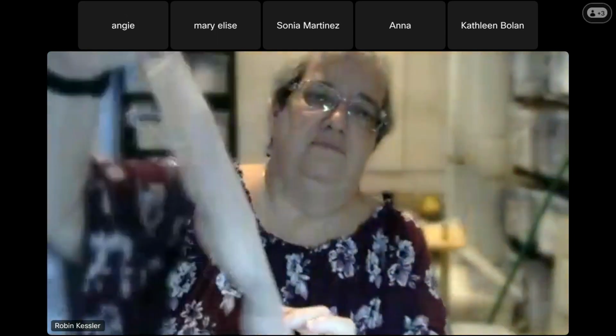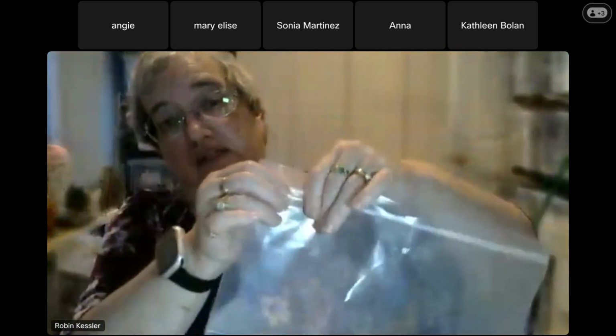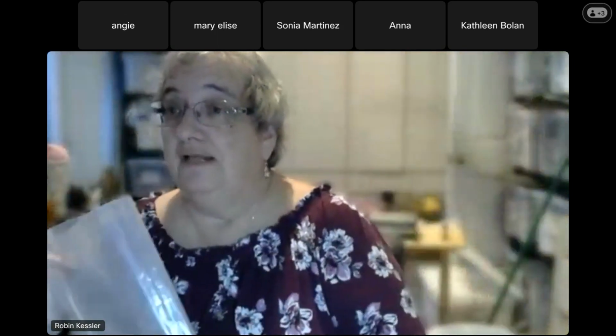This is what I keep the 1 kgs in. It's 4 mils thick. It's a Ziploc bag, a heavy zip, so it really holds it tight. And that's the best thing to keep it in, is plastic.